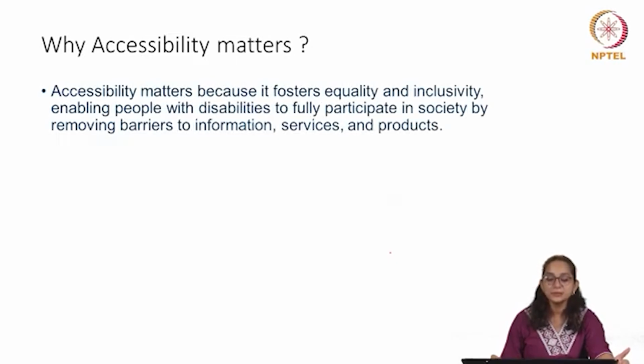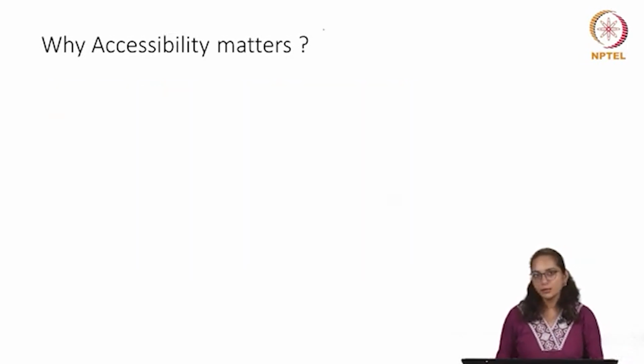It enables people with disabilities to fully participate in society by removing barriers to information, services, and products. So we will try to understand why accessibility matters, not just in design, but also in product development, and how it can foster equality and a sense of inclusivity in society as well.